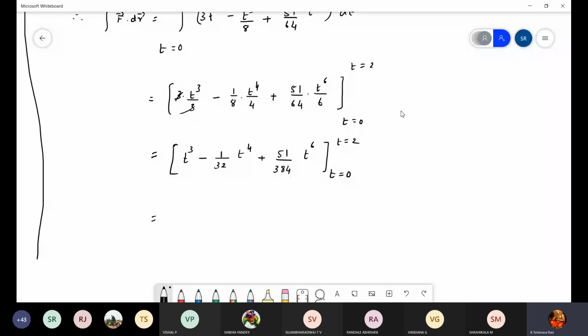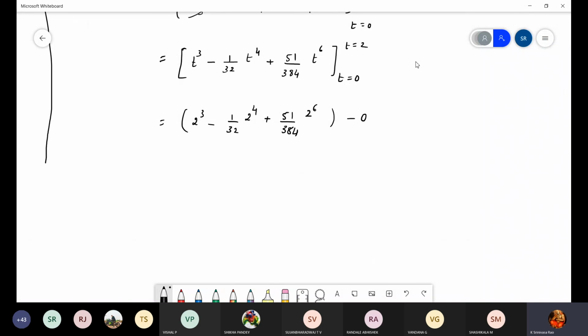You will get 2 cube minus 1 by 32 into 2 power 4 plus 51 by 384 into 2 power 6. The lower limit is 0. This is 8 minus 2 power 4, which is 16, so 16 by 32 is 1 by 2. I can cancel these two. Similarly, I can cancel this.